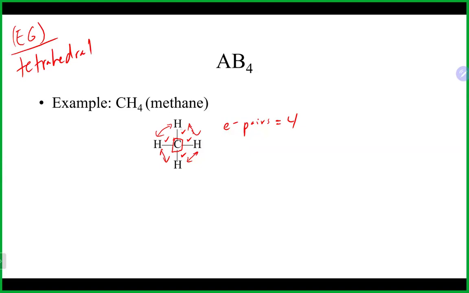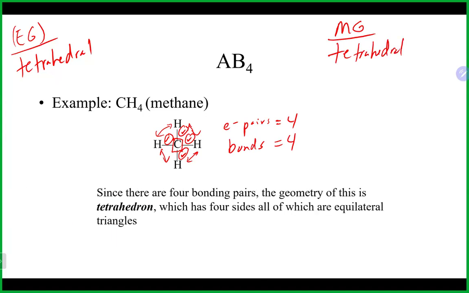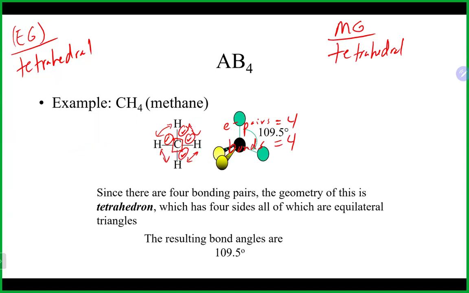So they're going to have to keep a little bit more distance. In terms of the bonds, we have 1 bond, 2 bonds, 3 bonds, and 4 bonds. And that will give us 4 electron pairs and 4 bonds. The molecular geometry here is also going to be tetrahedral. Older books and people will sometimes also call it tetrahedron, which is kind of the same thing.